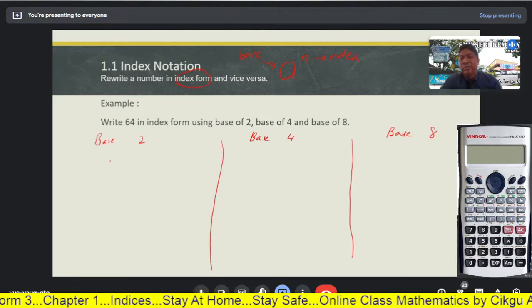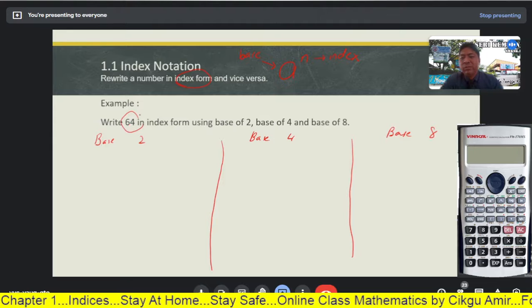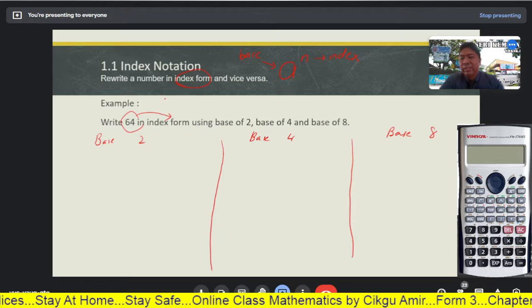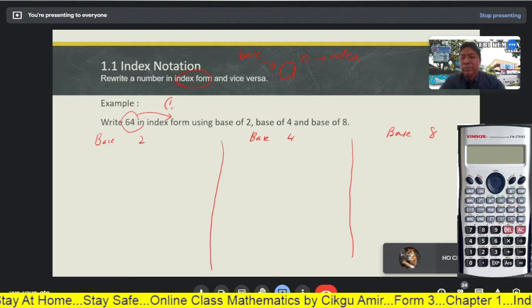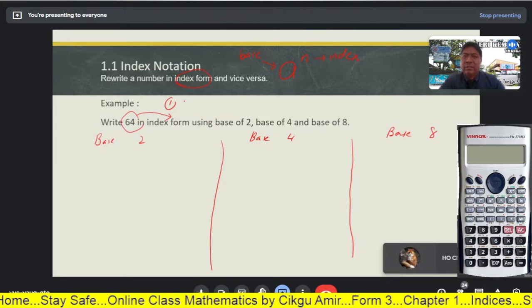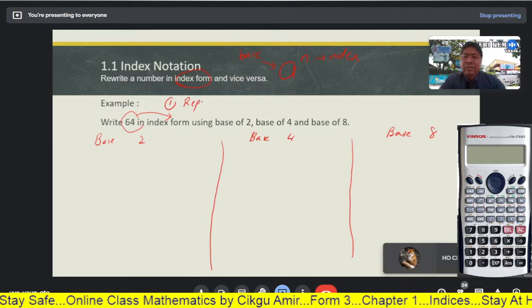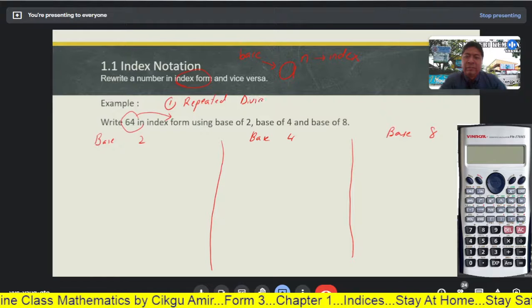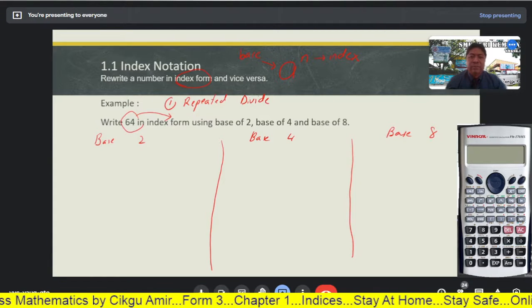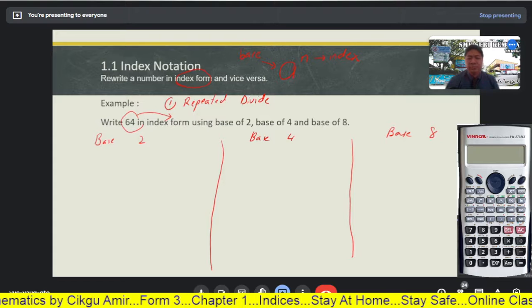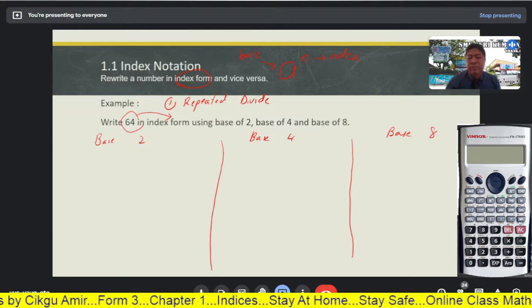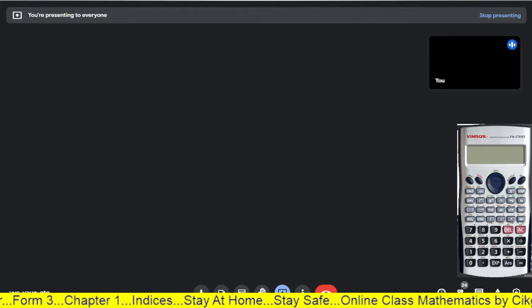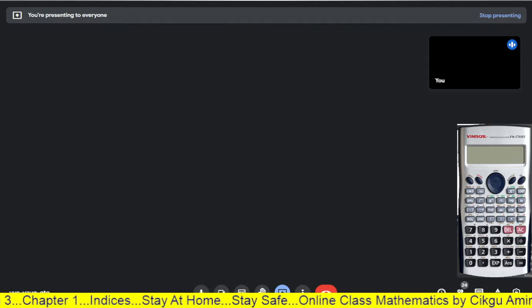How to change from a single number to index form? There are two ways. The first one is the repeat division method.